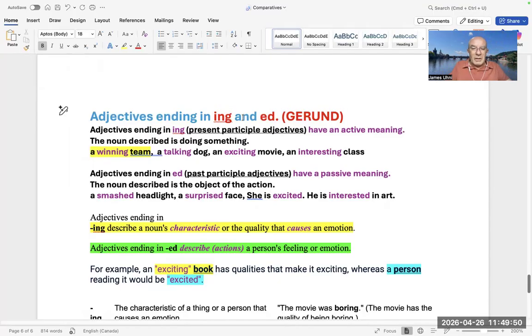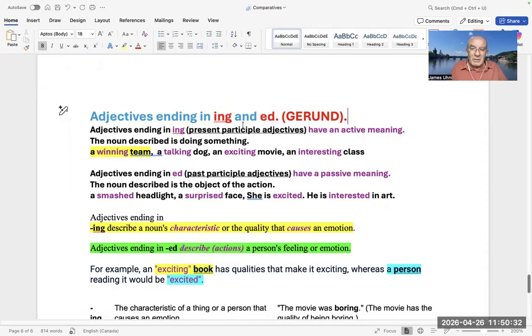Gerund is ed and ing, and it can be used with adjectives, not only with verbs. Now you can see that verb 3 does not exist because verb 3 is somebody's discovery in their head. It is not part of the grammar. What is part of the grammar is past participle that we studied earlier. And now we are studying gerund, not only continuous tense and past simple tense.